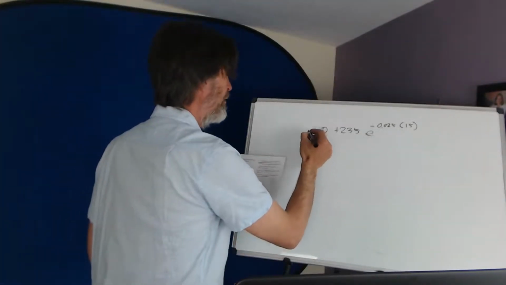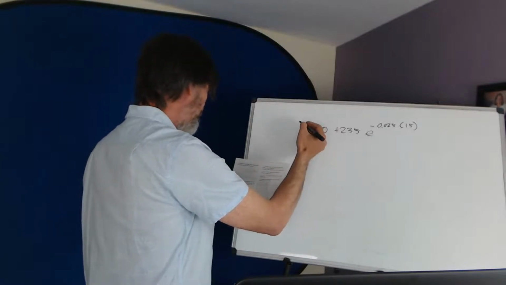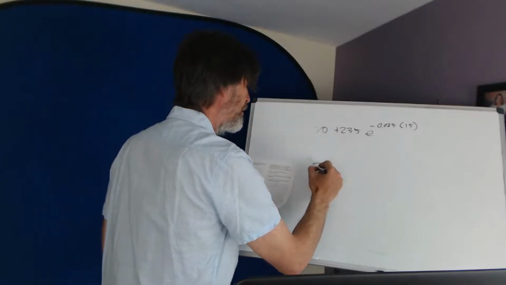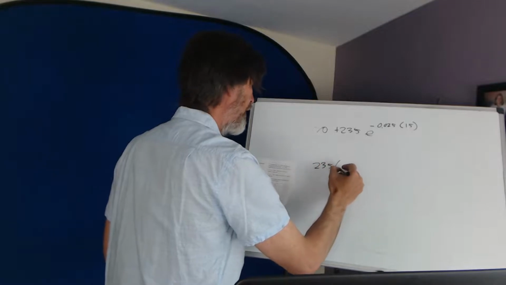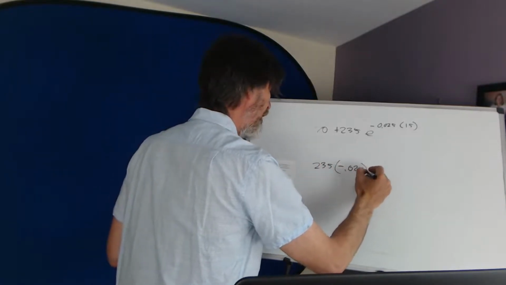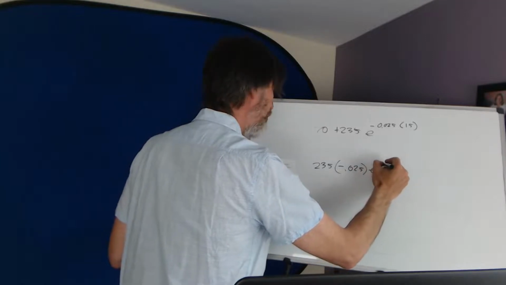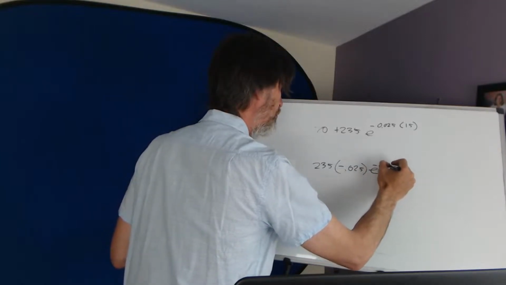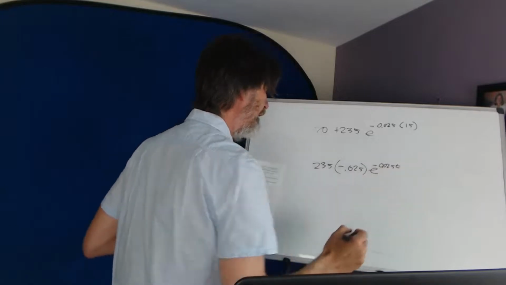T prime of 15. Okay, here's my temperature. My derivative would be 235 times negative 0.025 e to the negative 0.025t.